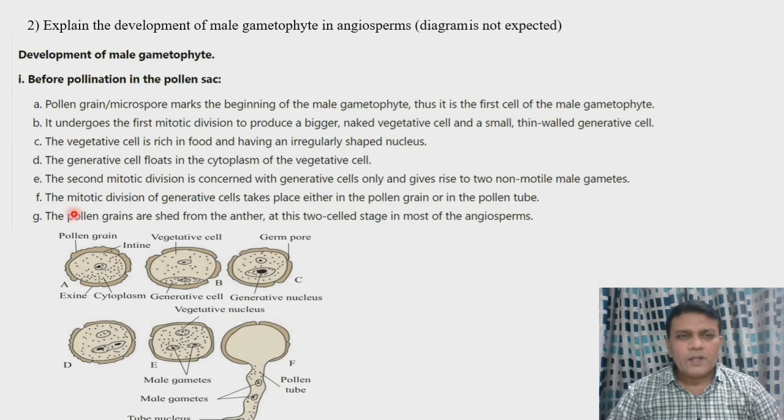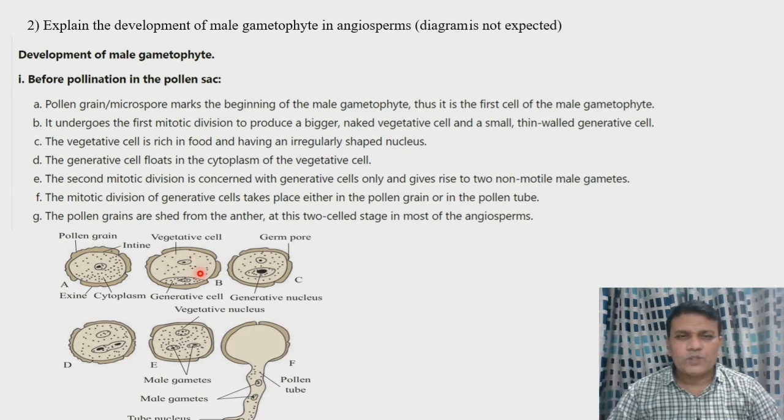So the pollen grains are released or they are shed from the anther at this two cell stage in most angiosperm. That means at this two celled stage, that is vegetative cell and generative cell.